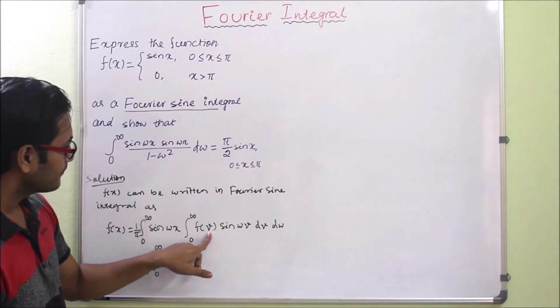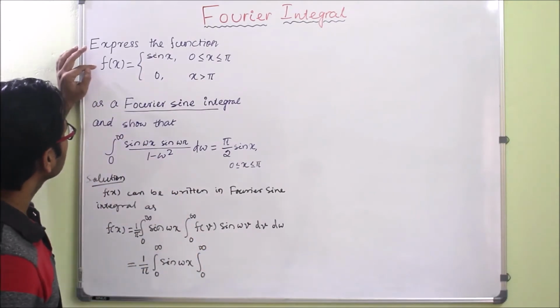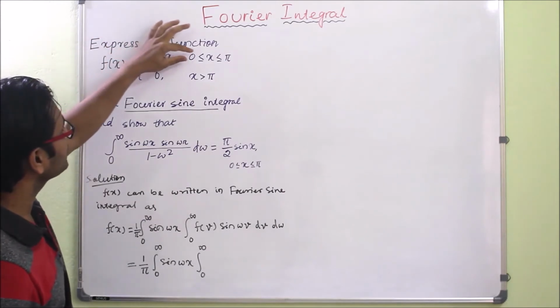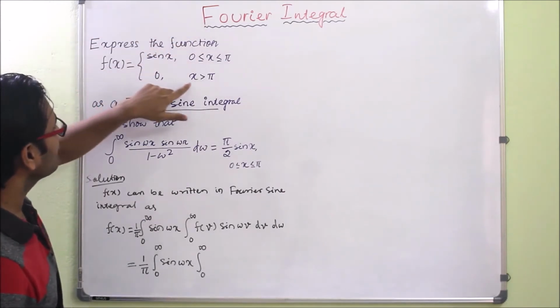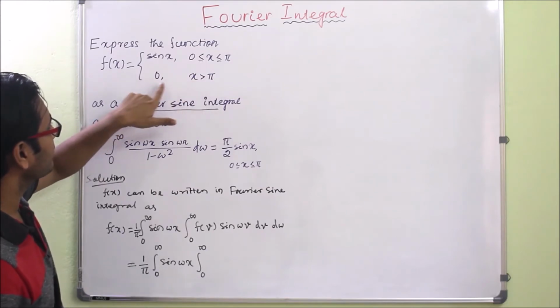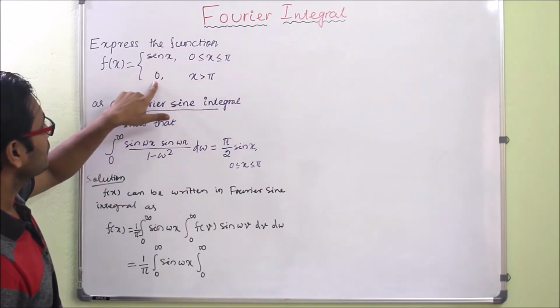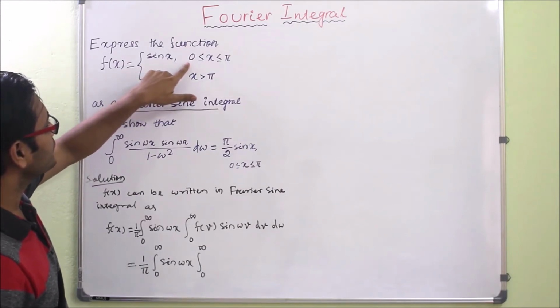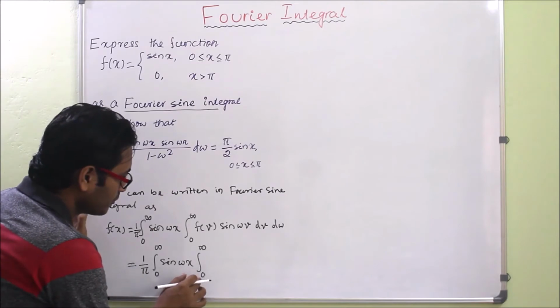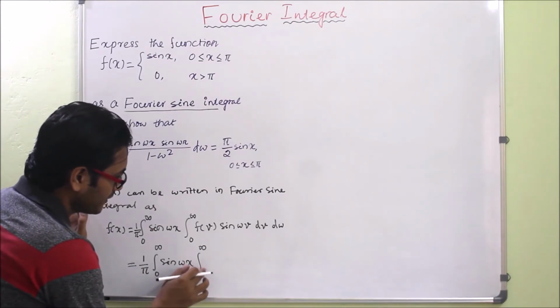So what function is here? Here the function f of x is sin x from 0 to pi, and for x greater than pi the value will be 0. So we need to take only 0 to pi, because after pi the value will be 0. So we will change the integration limit.